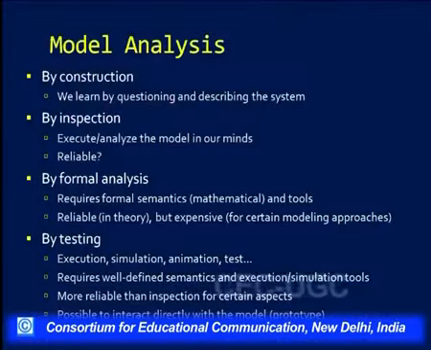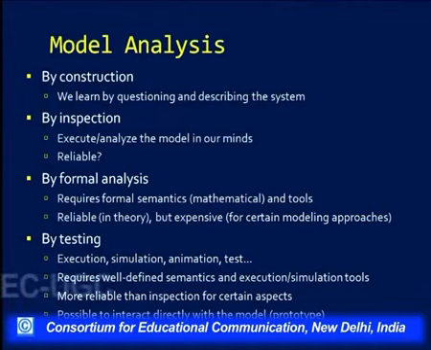You can analyze the model by construction, that is, we learn by questioning and describing the system, what the model is going to be. Then we have inspection, that is, executing and analyzing the model in our minds, to see whether it is reliable or not. We ask several questions about how the model is going to work, we inspect it, find out the flaws in the model, and then we get to know how the final system is going to behave.